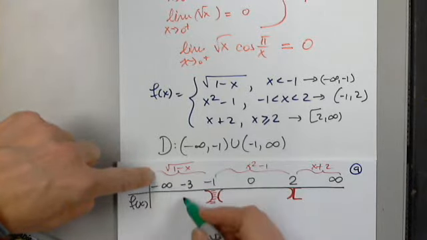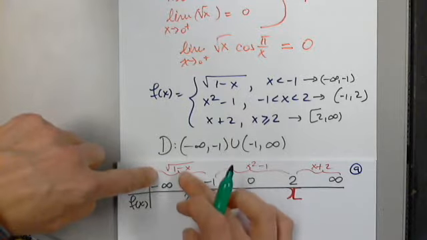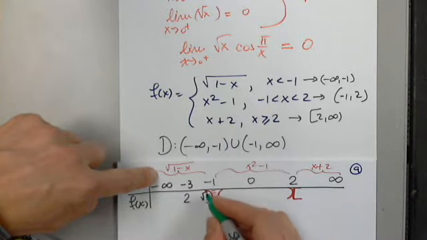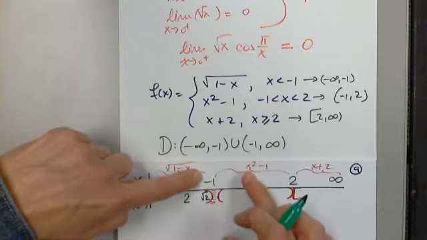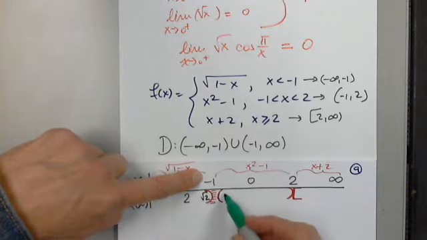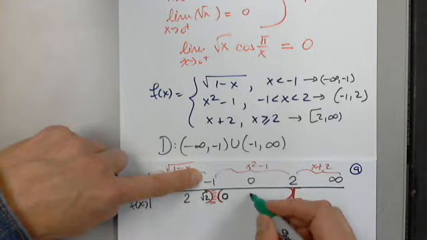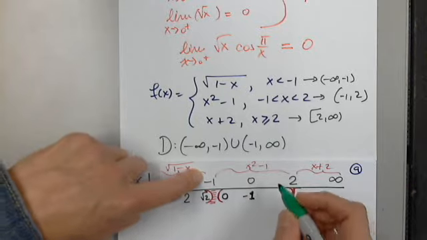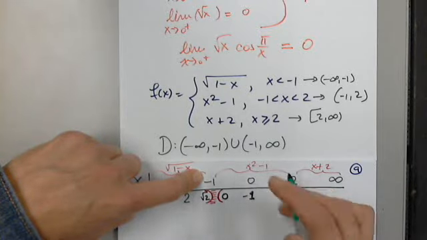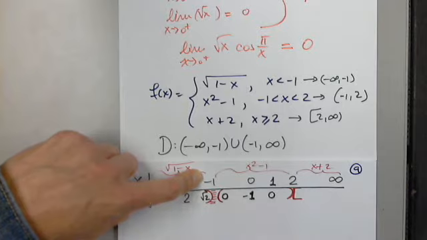The square root of 4 is 2. When I plug in negative 1, I have the square root of 2. When I plug in negative 1 into the quadratic, I have 0, right? Negative 1 squared is 1, 1 minus 1 is 0. When I plug in 0, I have negative 1. I also have to plug in 1 because I get another x-intercept.